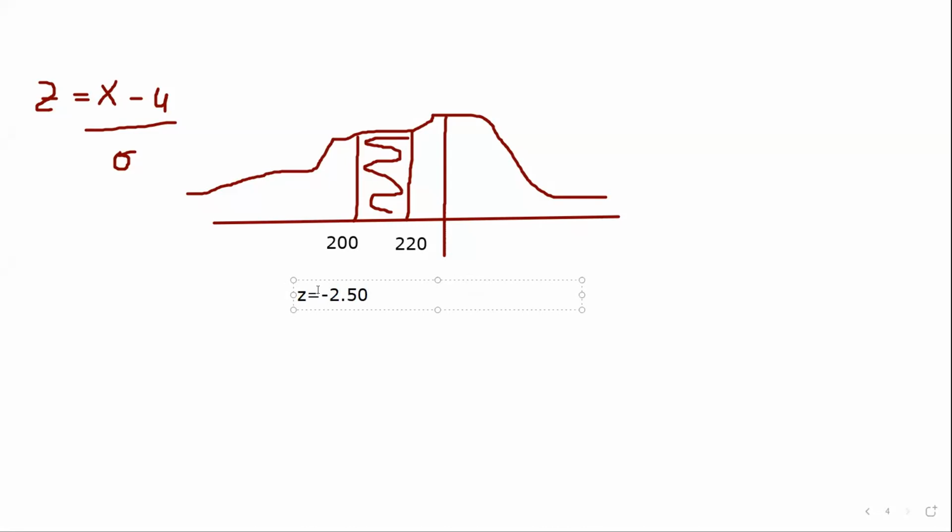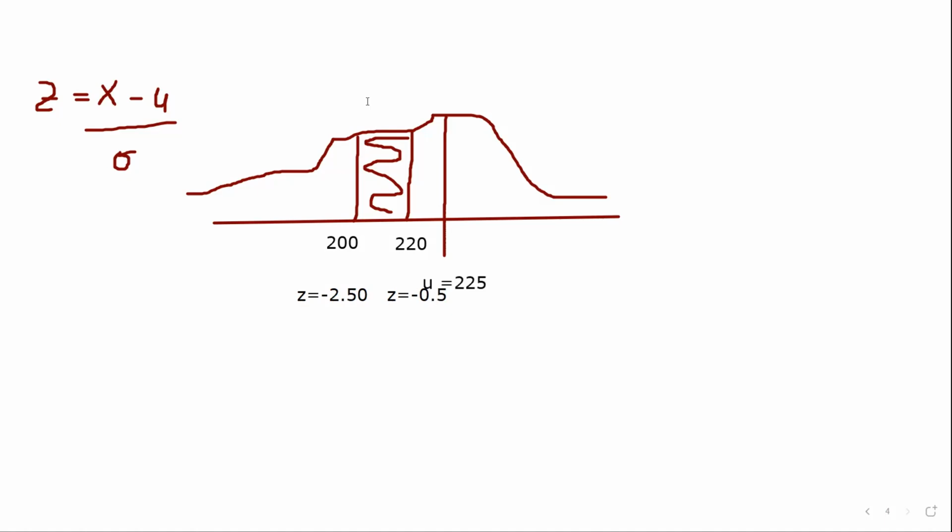And then this other one, z is going to be negative 0.5. Okay, those are my z's.